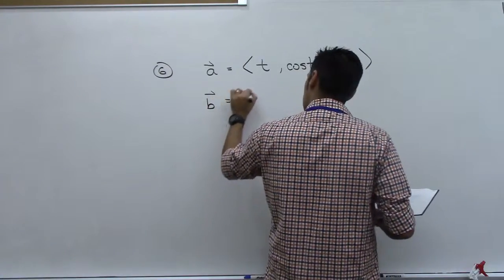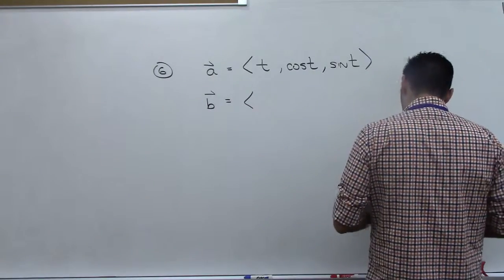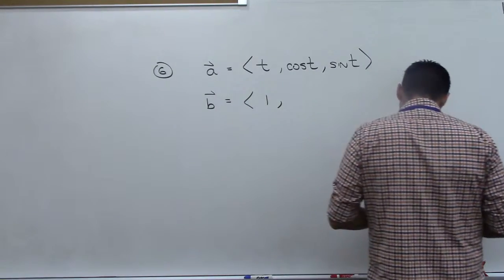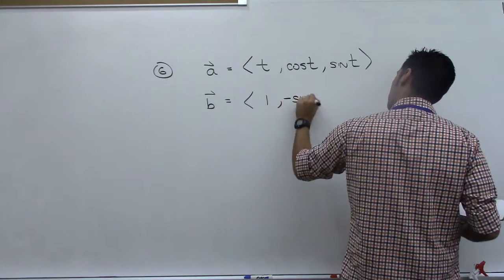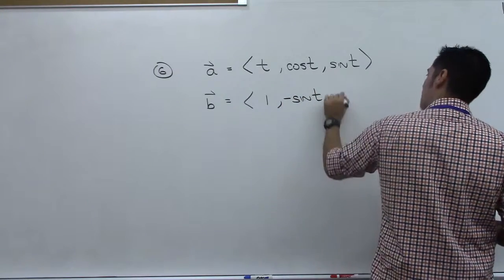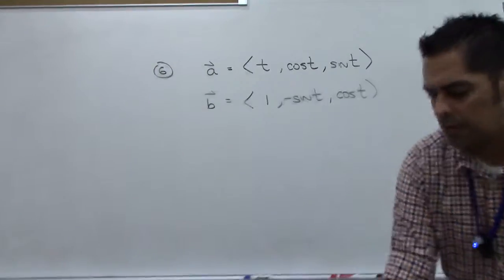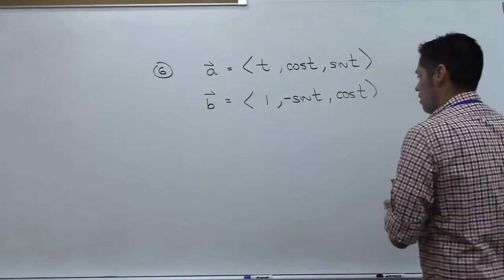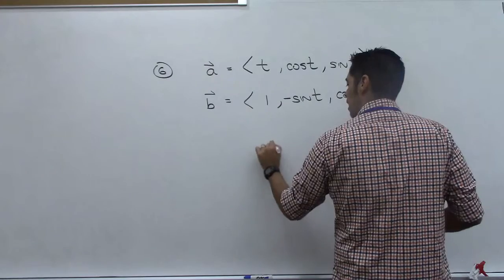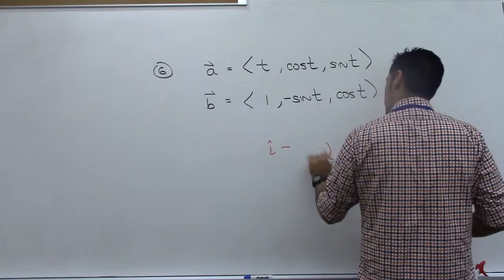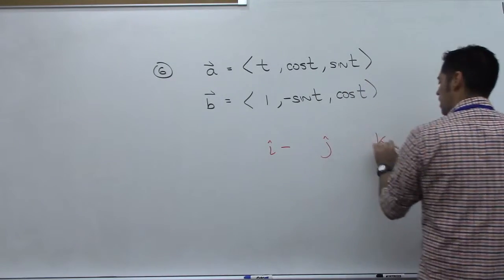And then B is the vector, see there's a 1 in front of I, negative sine T here, and cosine T here. And I'm going to try and do a cross product. So I'm going to get I minus something with J and then K.